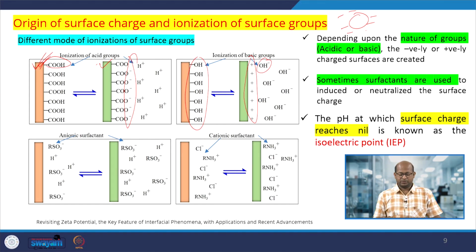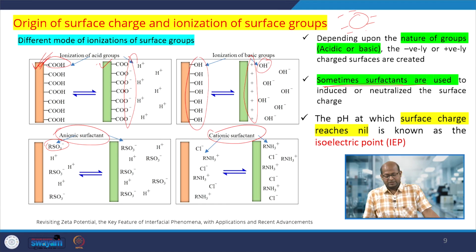Sometimes surfactants also we can use. There are different types of surfactants, I said cationic surfactants or anionic surfactants, that we can use, and these would also be attached to the surface of the materials, and depending upon that, the nature of the surface will change.